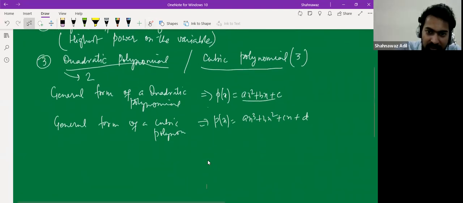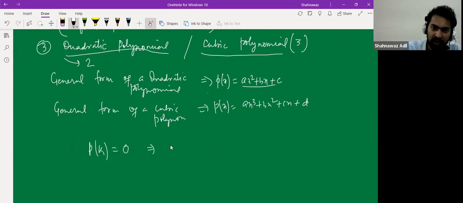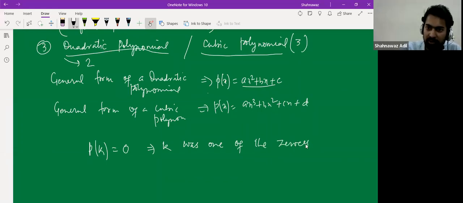Let's say for some value k, the polynomial was 0. Then k was one of the zeros of the polynomial, right? Yes, sir.